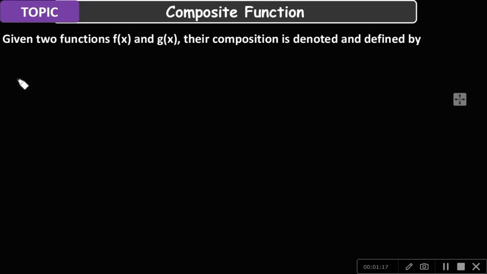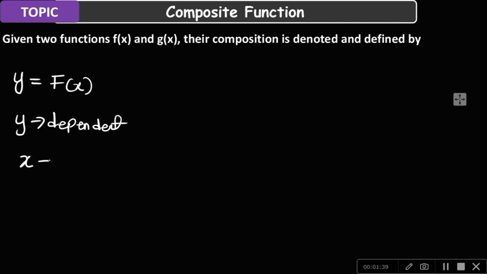And most times, it is usually written as y equals f of x, where we said that y is the dependent variable. Can you still remember? We said y is dependent and x is the independent variable.